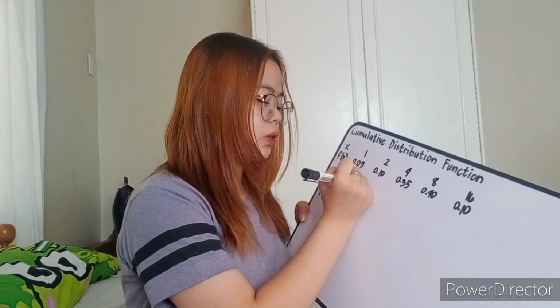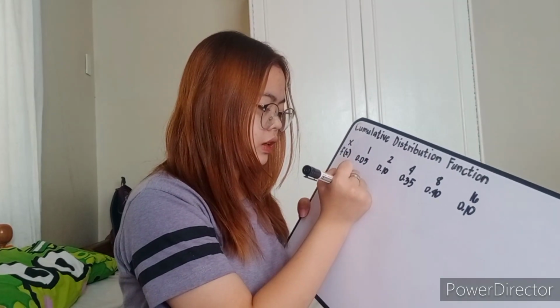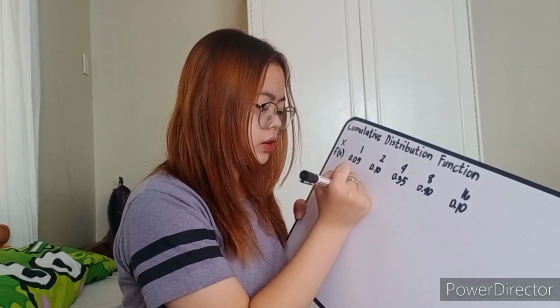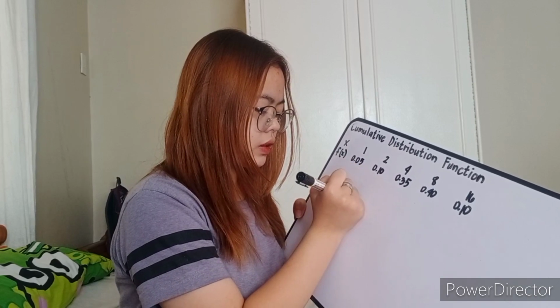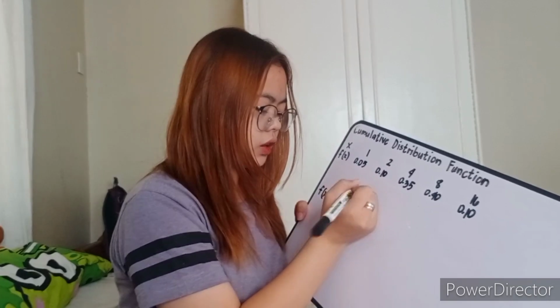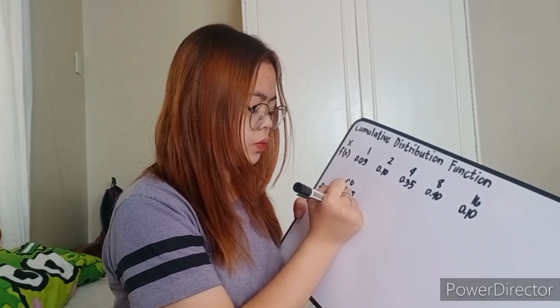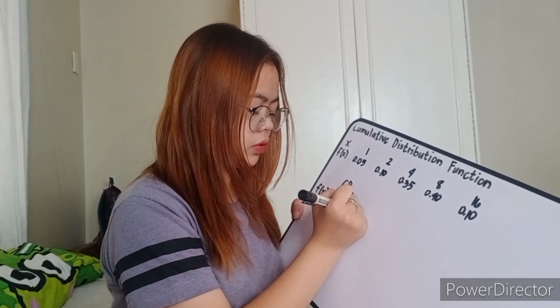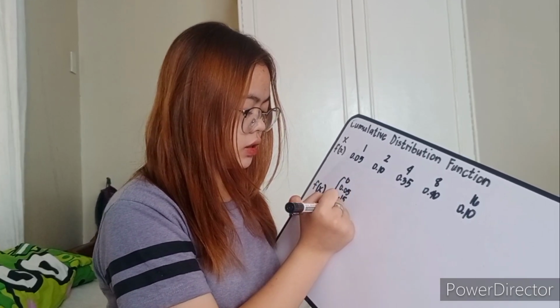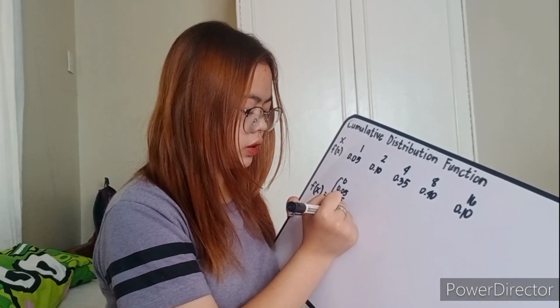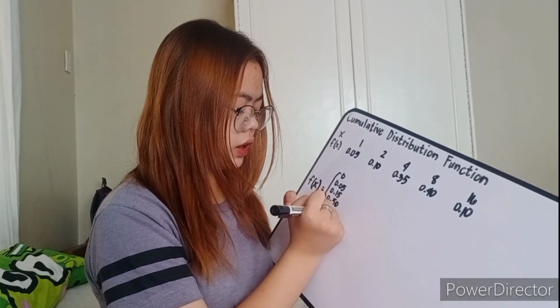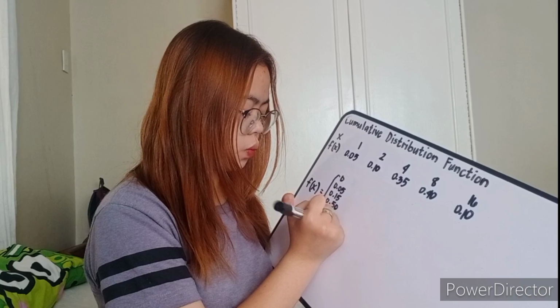So, let's start with 0, 0.05, 0.15, 0.50, 0.90 and ating 1.